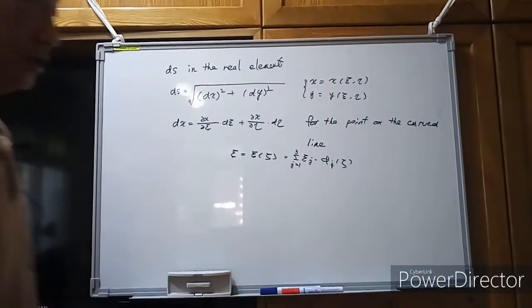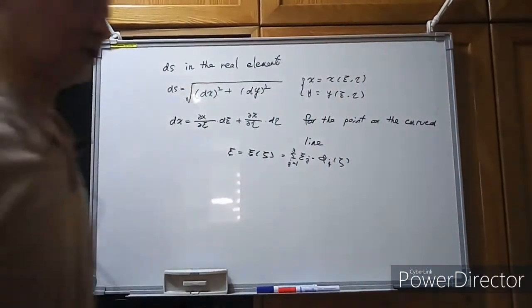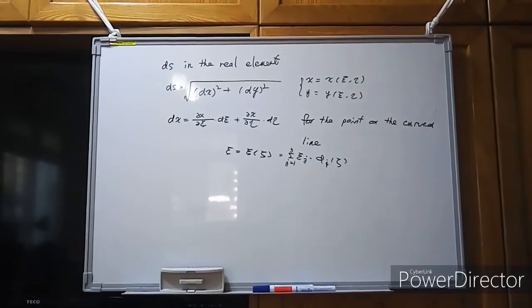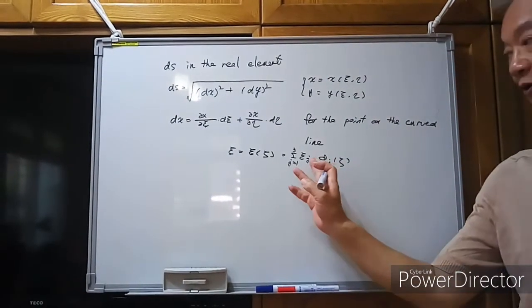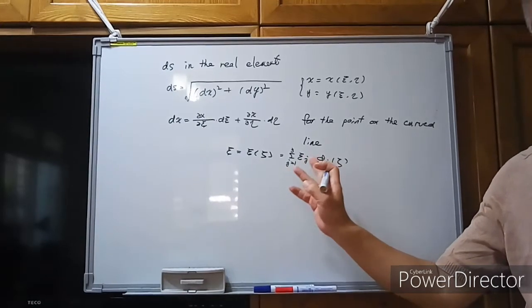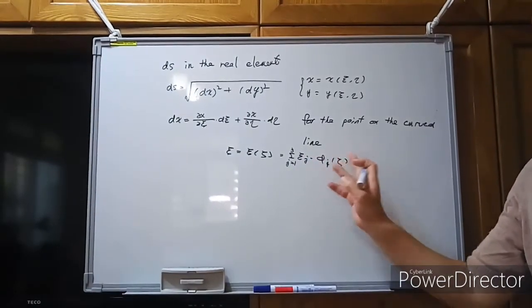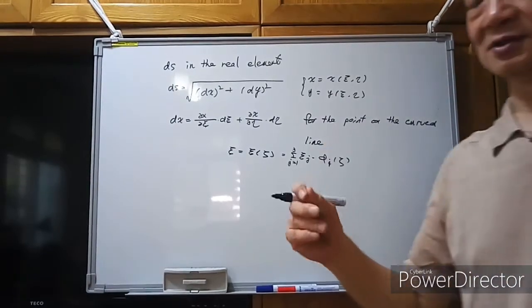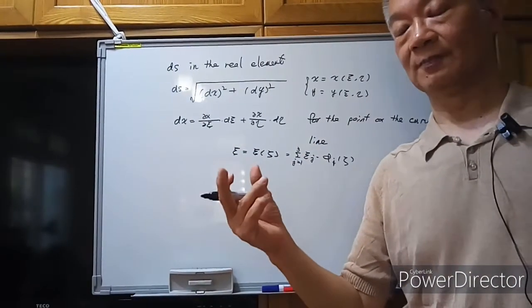Since we use the three nodal points to describe the curved line, we know all the cj, and the phi j is the Lagrange interpolation functions.